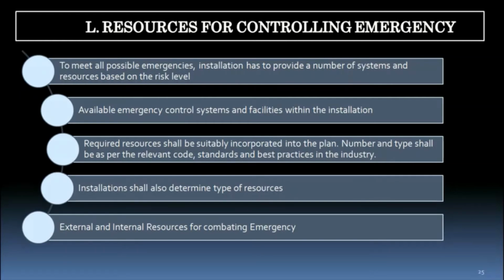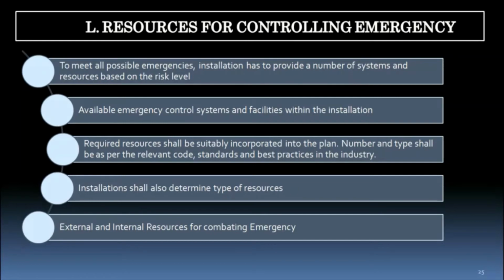Third, whatever resources and facilities are provided should be as per the relevant codes and standards. This section shall also identify sources of local assistance, including telephone numbers and names of contacts, for example the fire department, hospitals, police, mutual aid organization, helicopter and air service, etc.